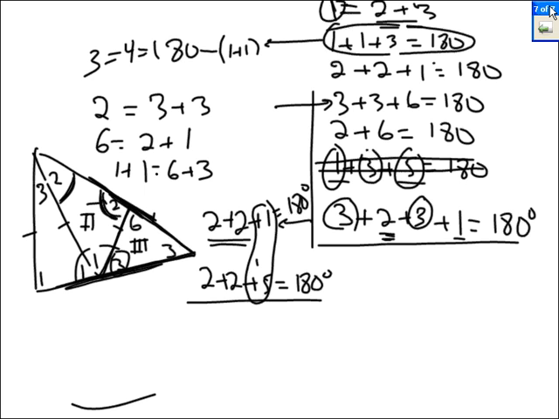Okay, I'm going to look at this last one that I have. 1 plus 1 is 6 plus 3. And in triangle number 1, I see 1 plus 1. And in triangle 1 and 2, I have 1 plus 1.